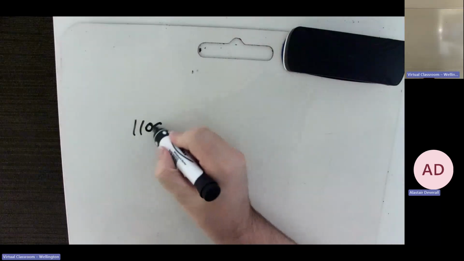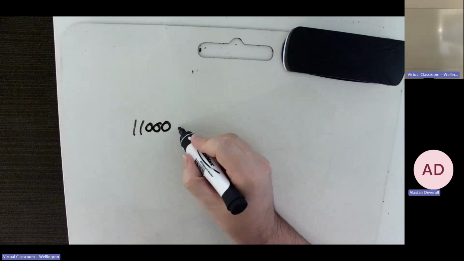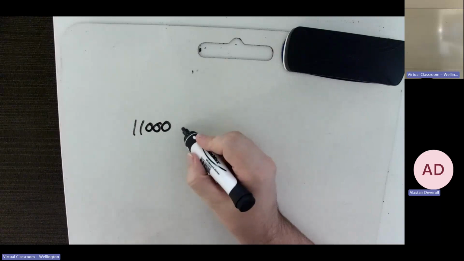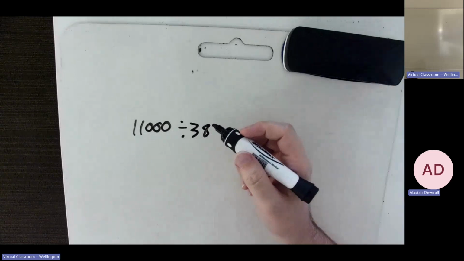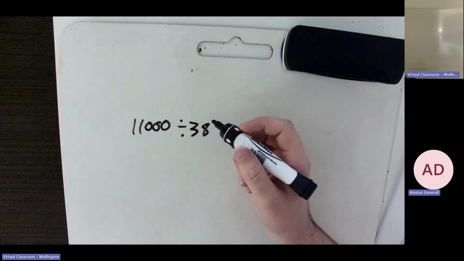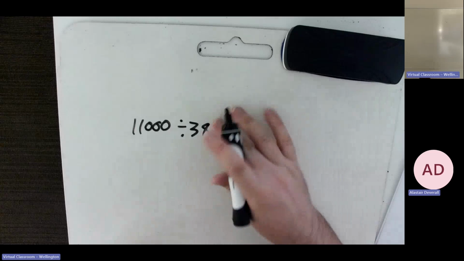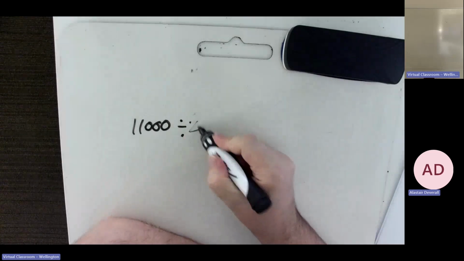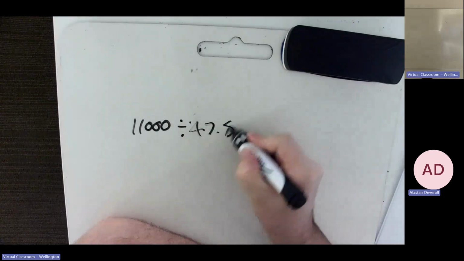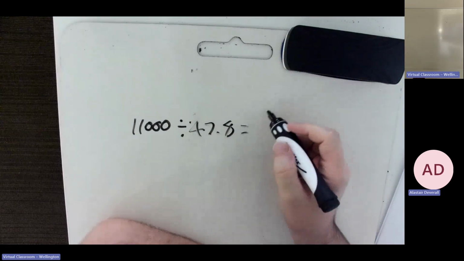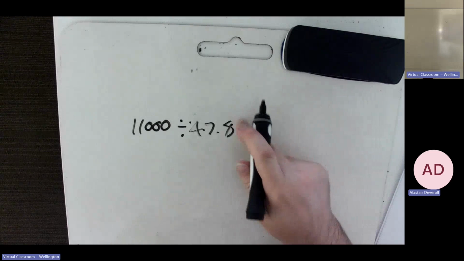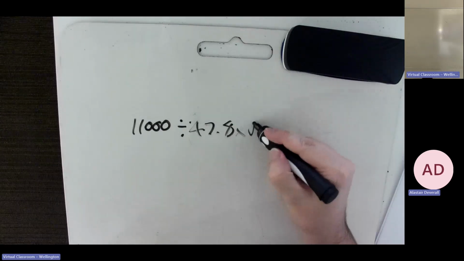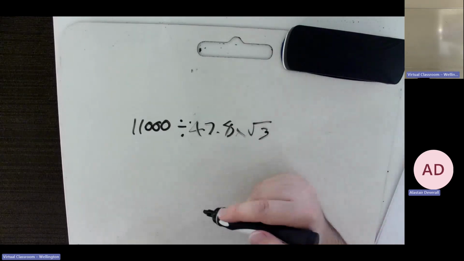So we've got 11,000 and then divided by 27, if I remember the number right. 47, sorry. 47.8 equals our phase voltage, and so now we want to multiply that by the square root of 3 to get our line voltage.